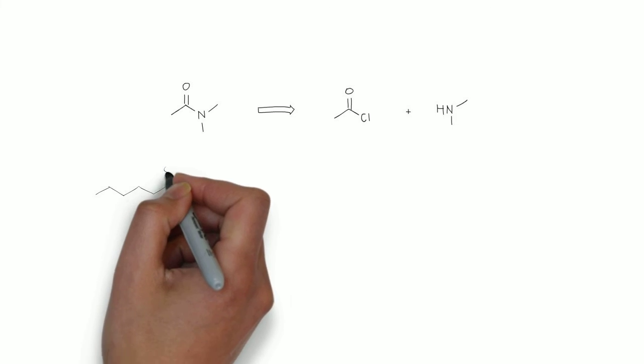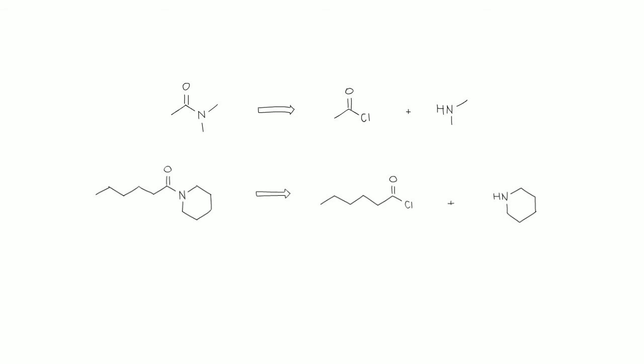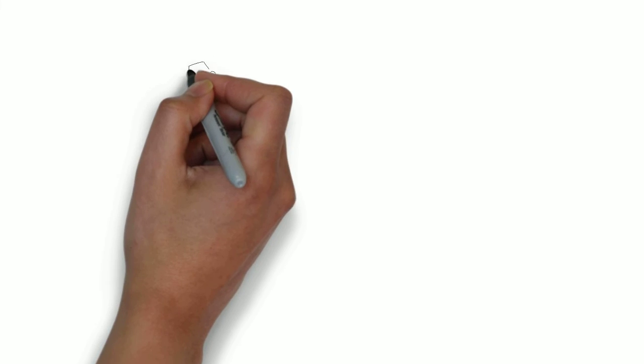We can form this one from hexanoyl chloride and piperidine. If you have an acid chloride of one amino acid and an ester of another amino acid, can you put them together to create a dipeptide? Yes, good question. You can. And that is a way of forming peptides in general in solution.